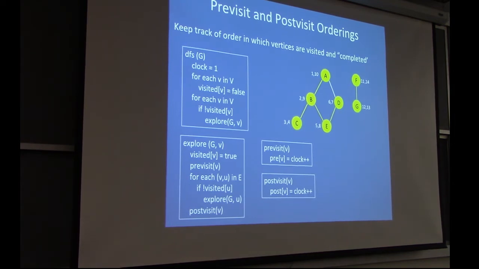So what this algorithm does is, for reasons I haven't explained yet, it records these pre and post times. What I haven't explained yet is why they're interesting, why they're useful. But a number of algorithms you look at are going to depend on these pre and post times. So you need to get to the point where you can look at a relatively small graph and just figure out what the pre and post times are.